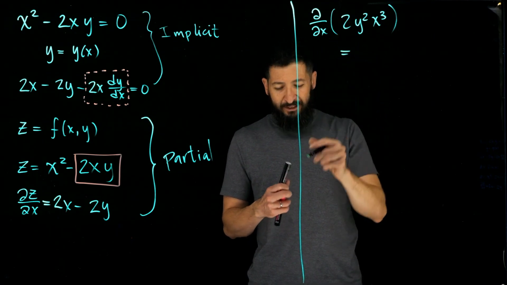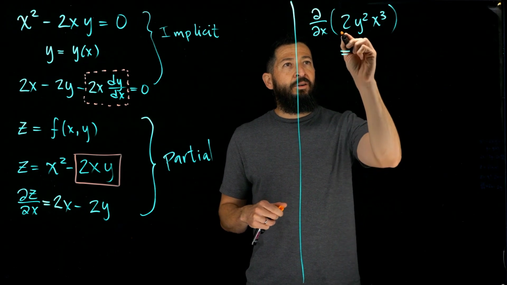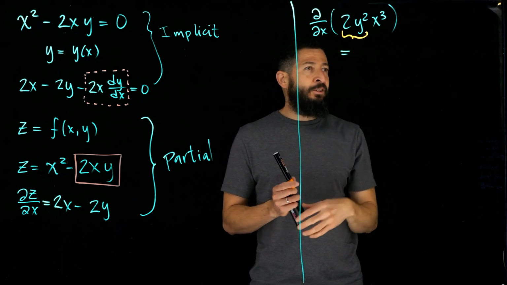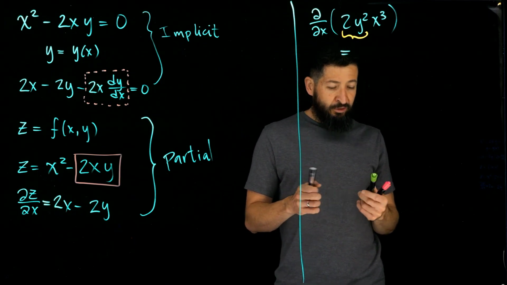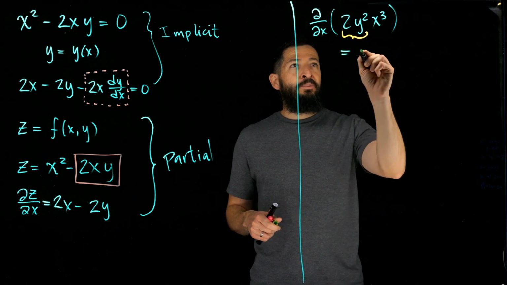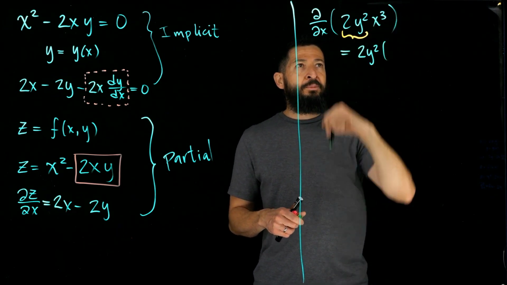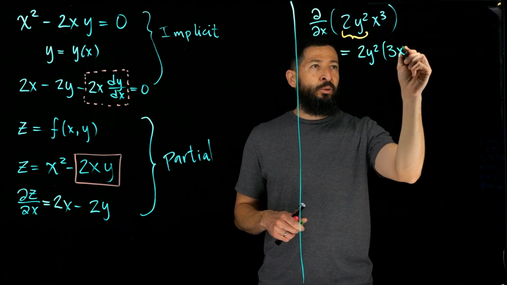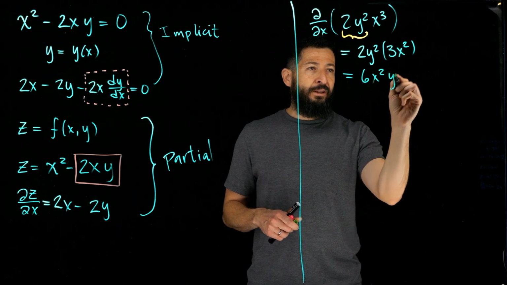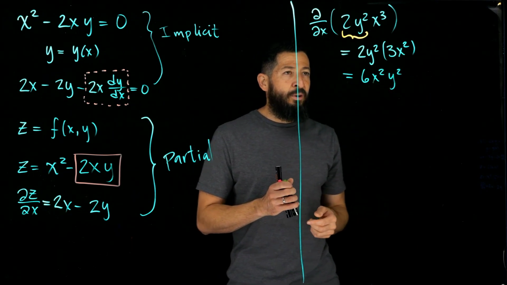It's kind of nice that I put it there because that whole thing is going to be considered a constant. So this right here is the same as if you had just 3x cubed. Doesn't matter. You take it as a constant. And then when you have it as a constant, you just copy it. And then you take the derivative of the term that involves the x, which gives you a 3x squared. And when you multiply, you get 6x squared y squared just by flipping them. And that is how you take your partial derivative.